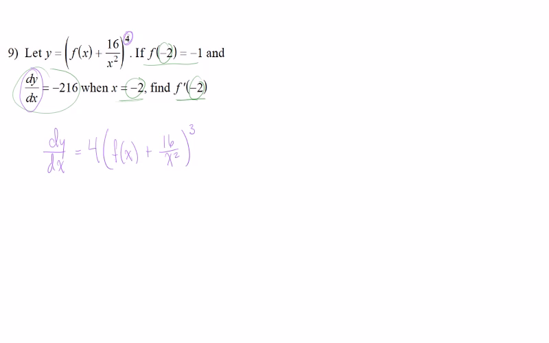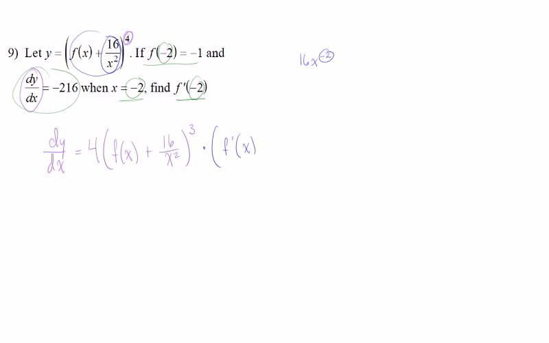Now I'm going to take the derivative of the inner function. So the inner function is this, right? So the derivative of that is going to be f prime, and then this 16 over x squared, we want to remember that can be rewritten as 16x to the -2.